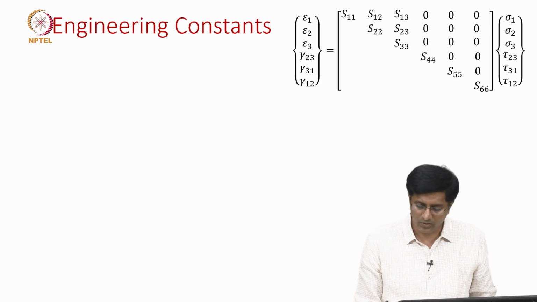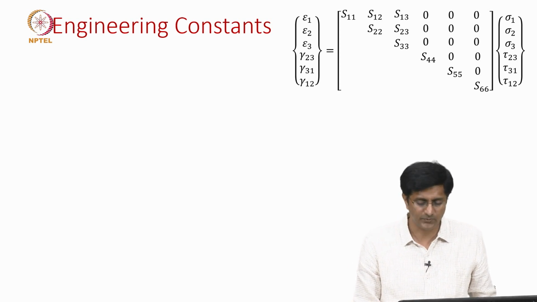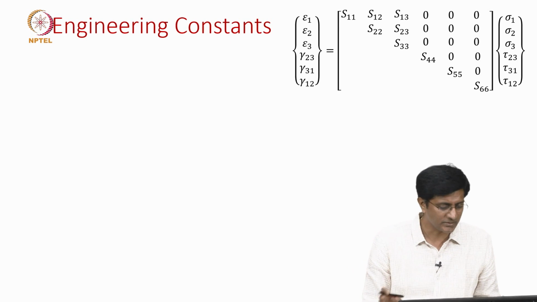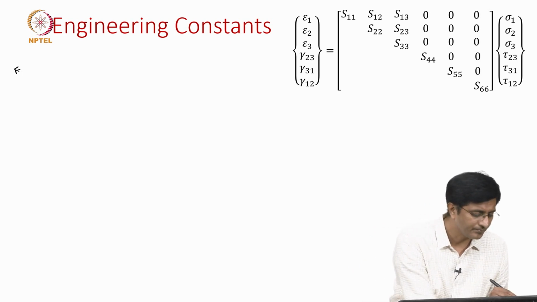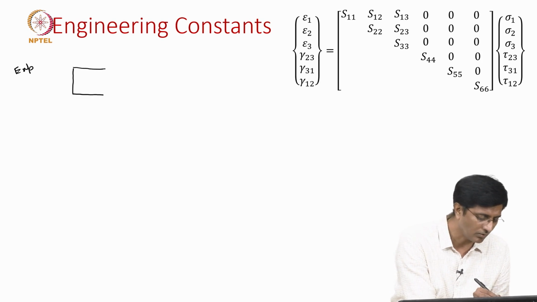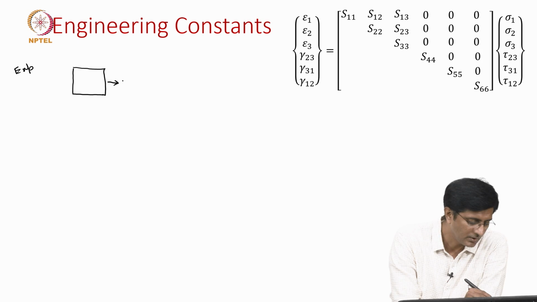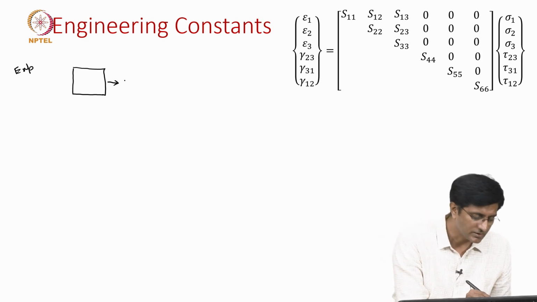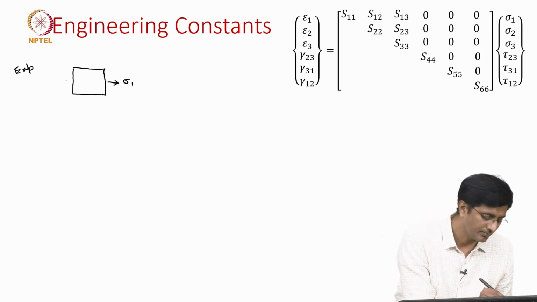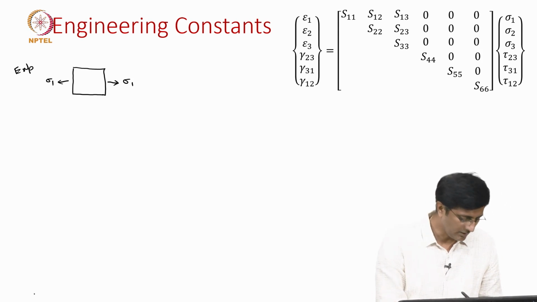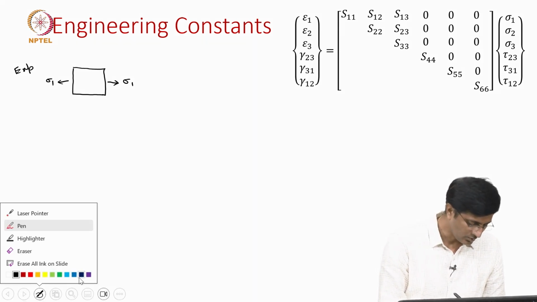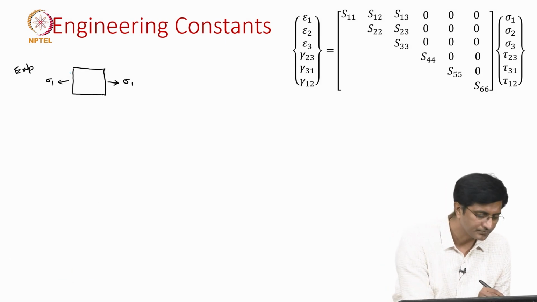The way we will do it is we will consider a few experiments. Let us start with an experiment where we are only looking at this block in the 1-2 plane. Let us say sigma 1 is the only applied load. For this load, let us say it deforms to a new position, something like this.